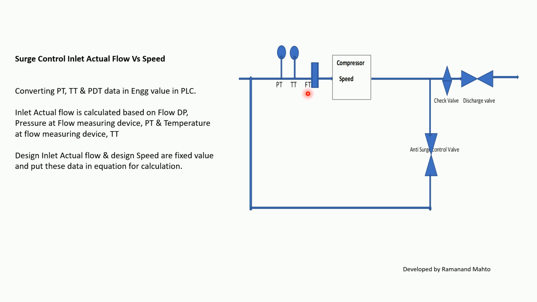So using FT, PT and TT, the actual flow calculation can be done in the PLC. Design inlet actual flow rate and design speed are fixed values, already provided, so putting all this data in an equation we can calculate the surge control logic.